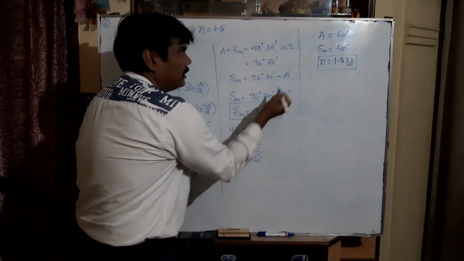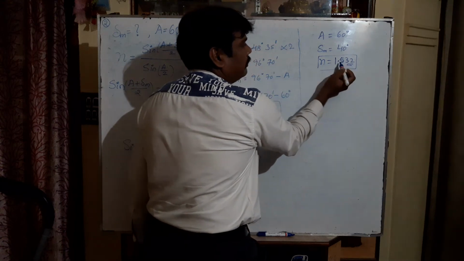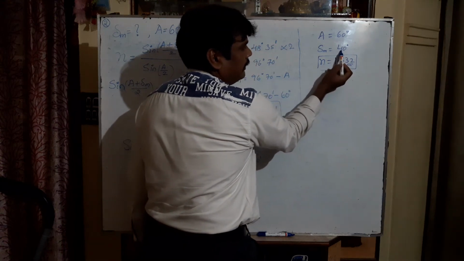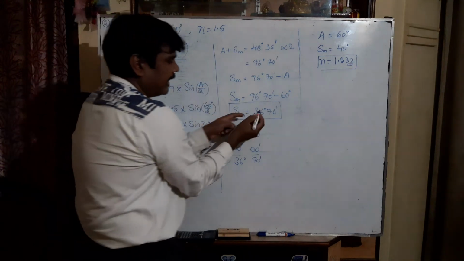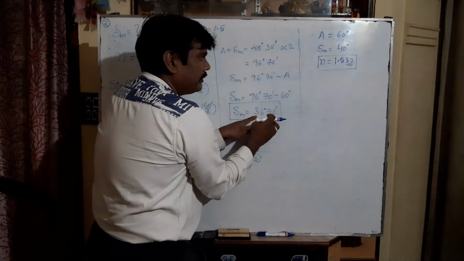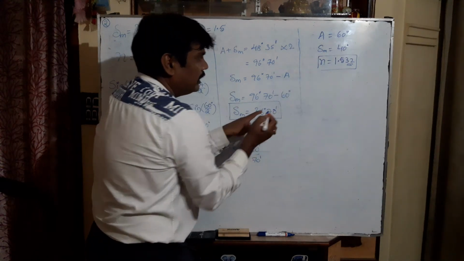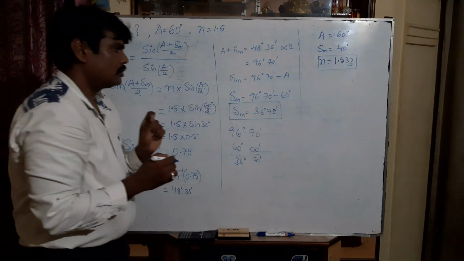For 1.532 refractive index, the minimum deviation should be 40 degree, but here we are getting 36 degree 70 minutes. So don't get confused.